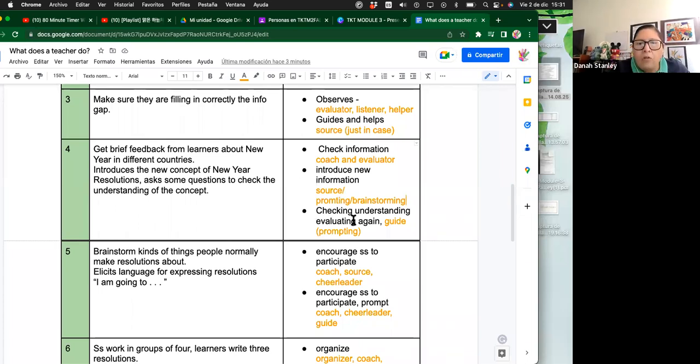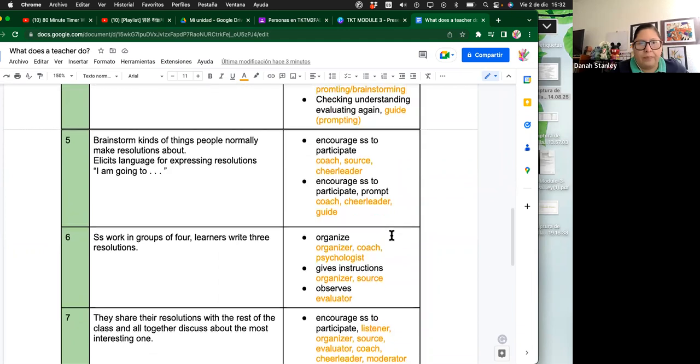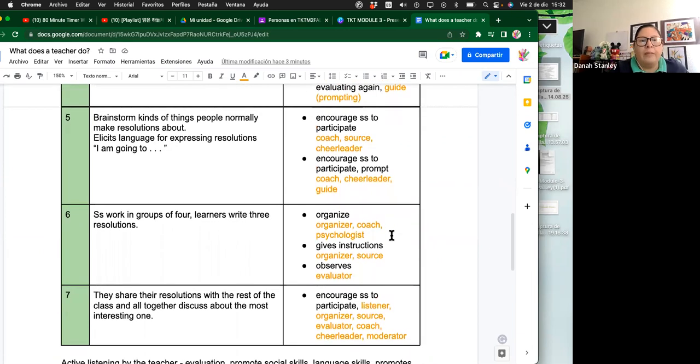Then I'm going to check the understanding of the concept of resolutions. Here I'm going to be a guide and I'm going to be prompting. Then, in activity number 5, the brainstorm, is a brainstorm of the kinds of things people normally make resolutions about: weight loss, learn English, finish the university, those kinds of things, no?